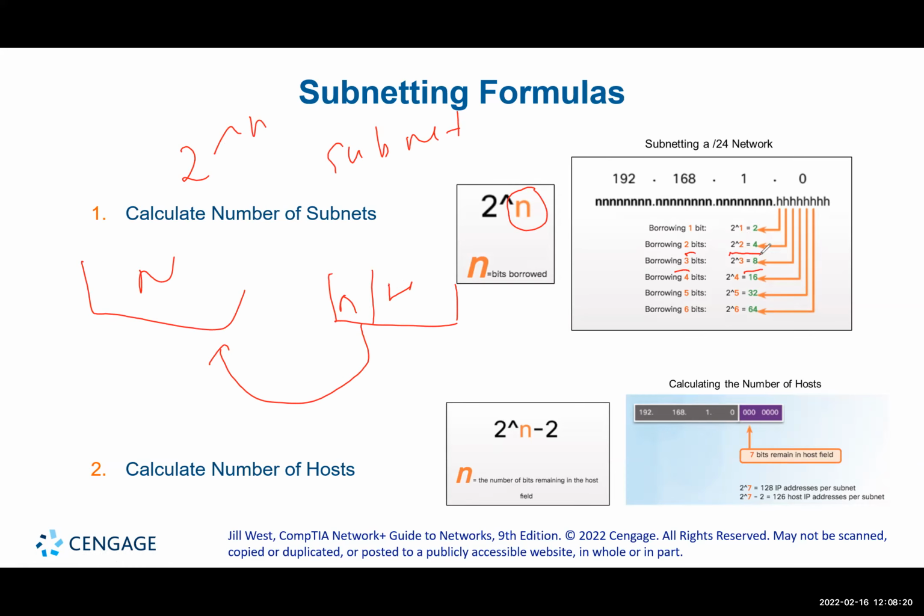So now my question: if I want to break it down into 6 subnets, how many bits do I have to borrow? Let's say 6 subnets.